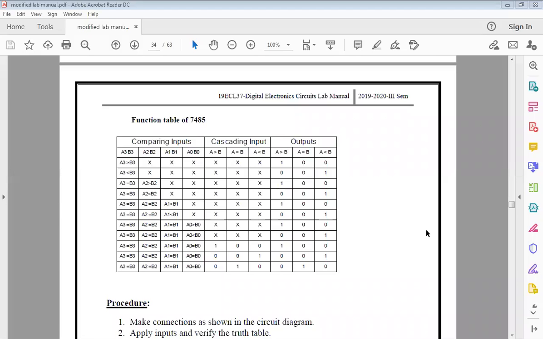Here you have to understand how this table is occurring. If you can see here, we have 3 sections. One is for comparing inputs, the other is for cascading inputs, and the other is for outputs.